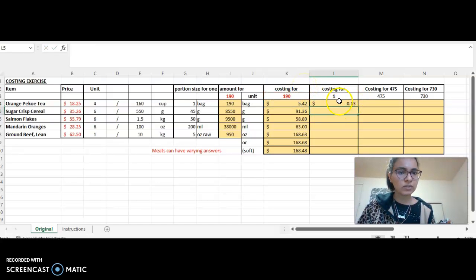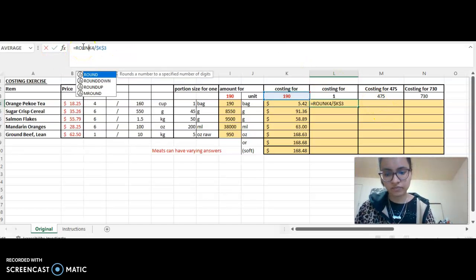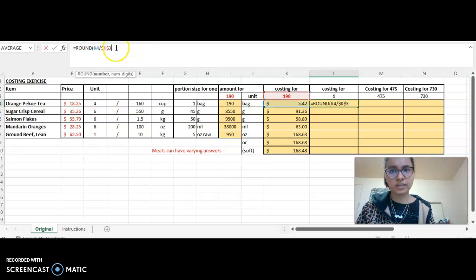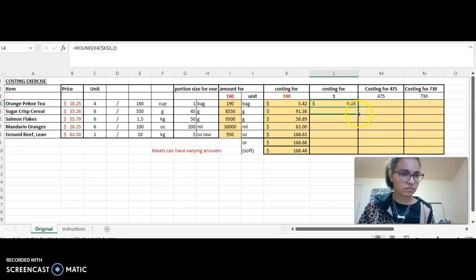One thing we need to keep in mind is that we need to round it off in order to avoid further confusions, to 2 decimal places, like this. So we just drag this down, and we can calculate the cost for one portion.